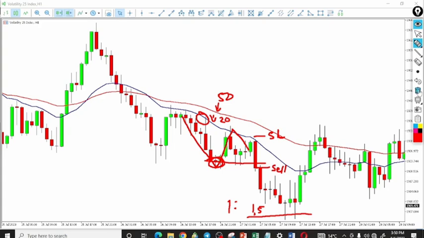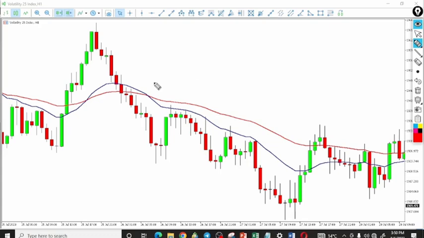If you want to go for 2 to 1, you can try, but you need to test in another market. We tested this strategy on synthetic indices, almost all of them, and the results were not far different. We also tested on other indexes that trend. This is a trend breakout strategy, so you need instruments that trend.